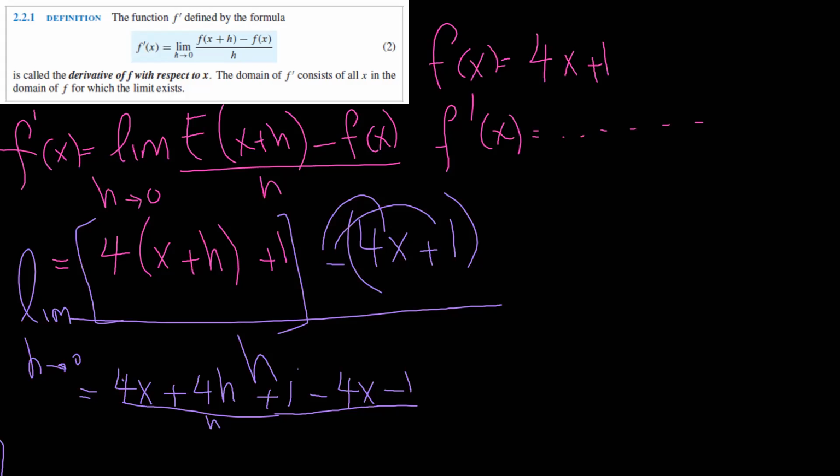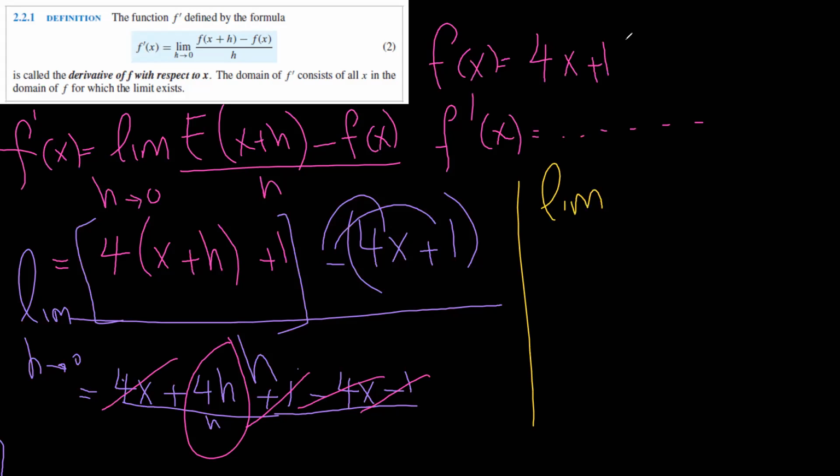We have 4x, I can cancel it with negative 4x, and 1 with negative 1. So I will write it now as limit of 4h over h when h approaches 0. I will simplify them, and the answer is 4. So if f of x is 4x plus 1, f prime of x is 4.